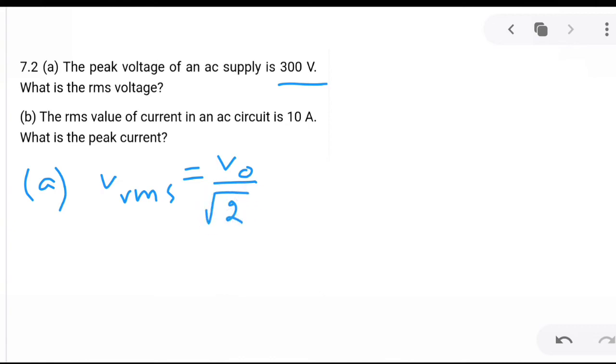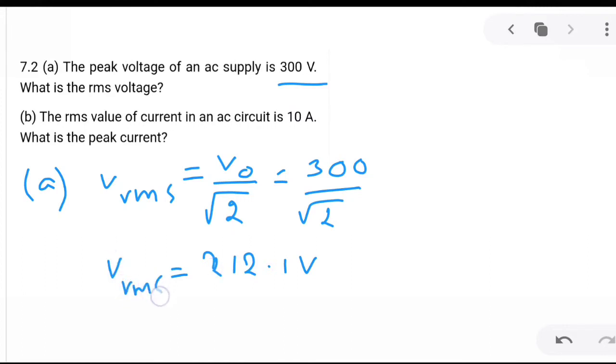Here peak voltage is given to be 300 volt, so 300 divided by root 2. If you simplify, you will get 212.1 volt. So this is the value of the RMS voltage.